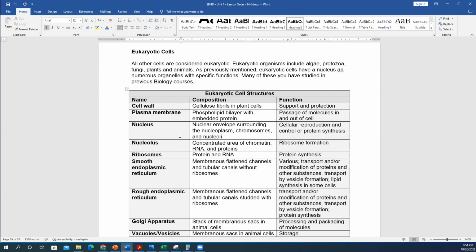Especially as we learned more about the copying of DNA, the transcription and translation of DNA, we learned about these various locations in the cell: the nucleus, the ribosome, and the endoplasmic reticulum.